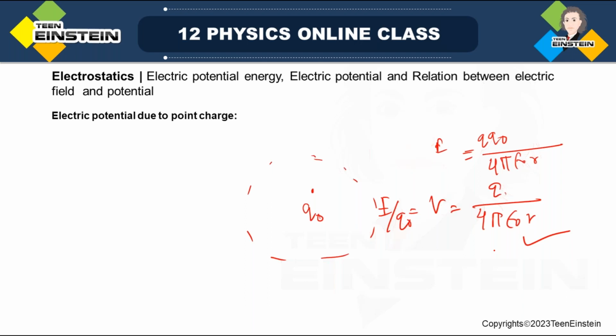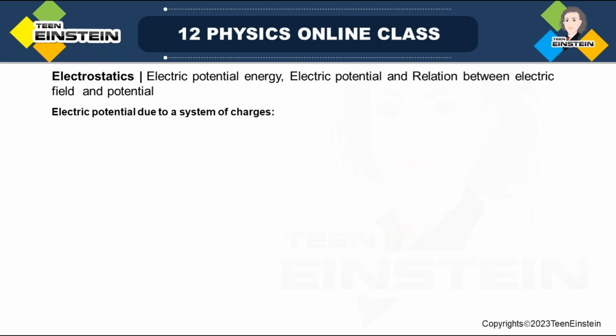We'll go on to calculate the electrostatic potential due to a system of static charges. When we have a system of static charges, how do we write down the potential?